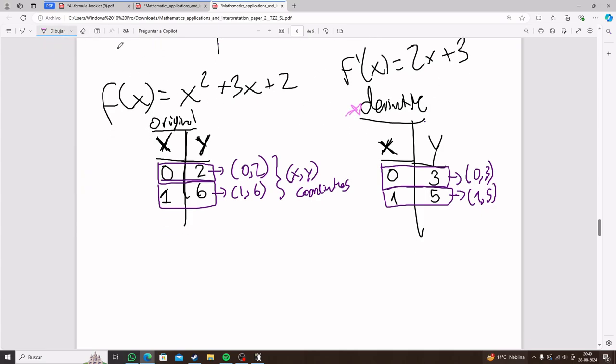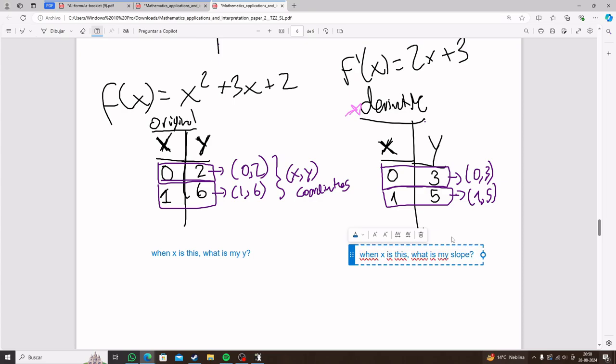The main idea is that in the original, basically you are asking your function, when x is this, what is my y at that point? Instead, in the derivative version, you're saying, when x is this, what is not your y, what is my slope?